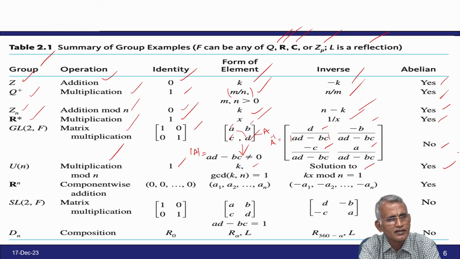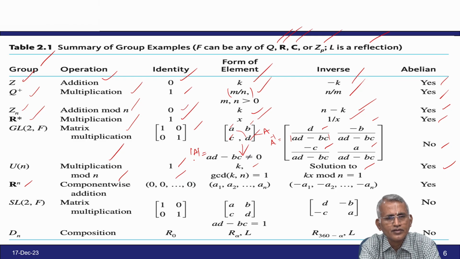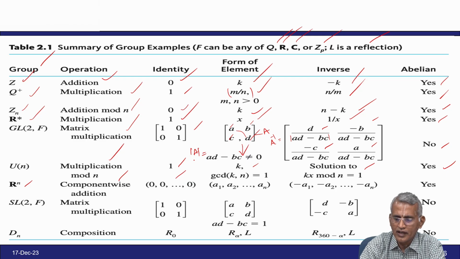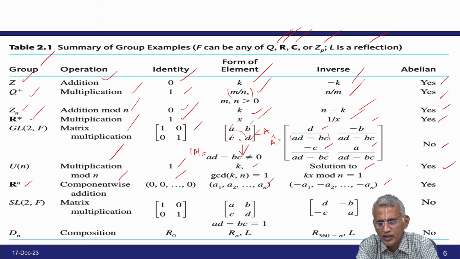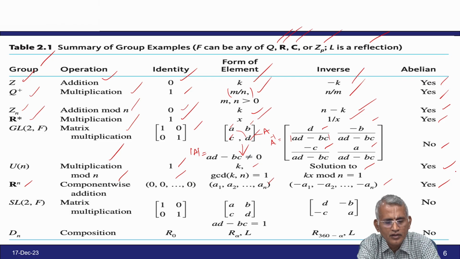Then R power n is the set of real n tuples with component-wise addition. The n tuple of zeros is the identity, an n tuple a1 a2 and so on to an has the corresponding inverse minus a1 and so on to minus an. If you apply the abelian test, A star B equals B star A, so it obeys it, therefore it is an abelian group.